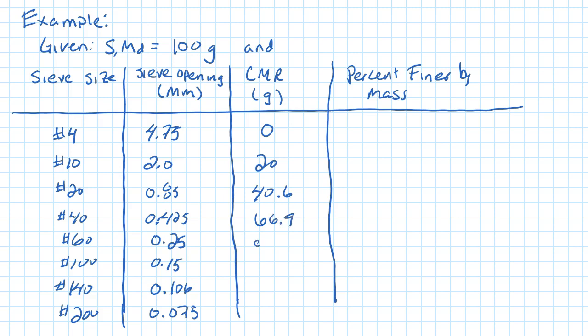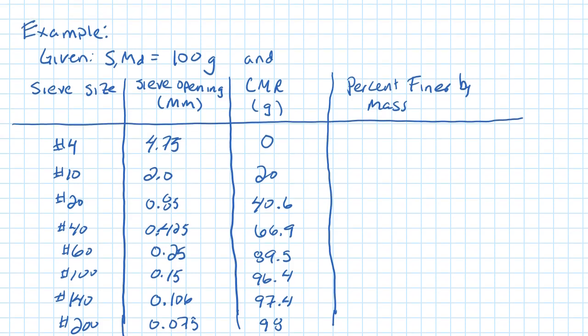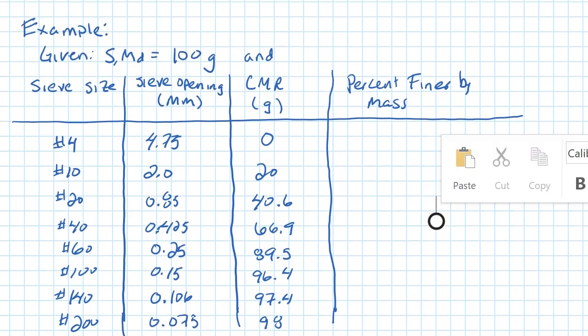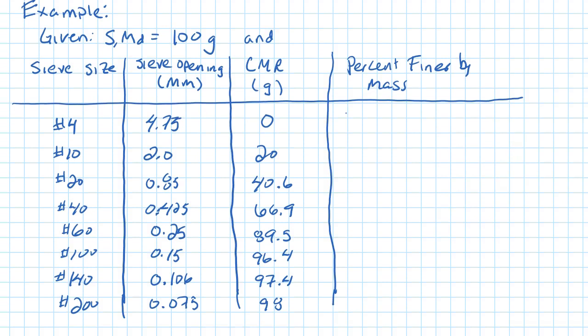We had nothing retained on the number 4 sieve, 20 grams of soil retained on the number 10 sieve. Then once we add the material from the number 20 sieve to the soil that was retained on the number 10 sieve, we end up with 40.6 grams. So that's the cumulative mass. Okay? And then we continue to do that.